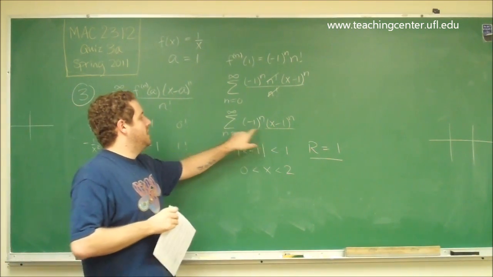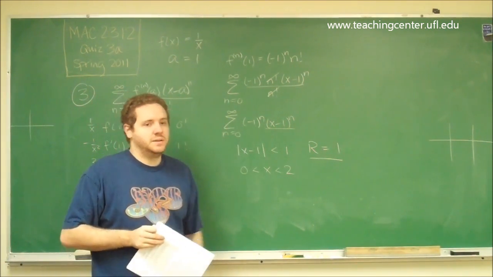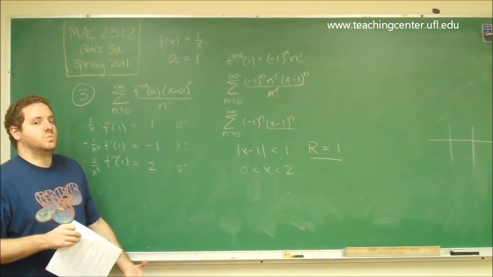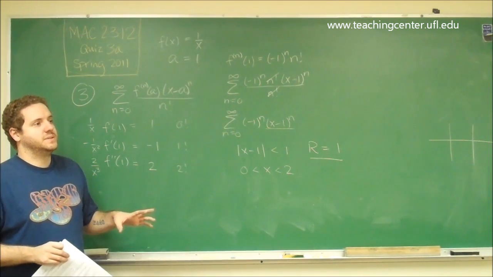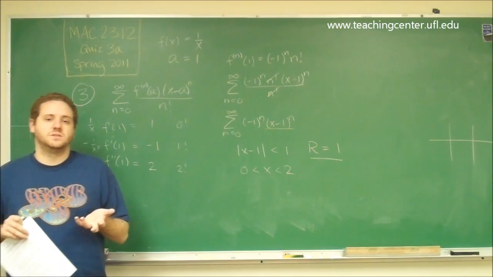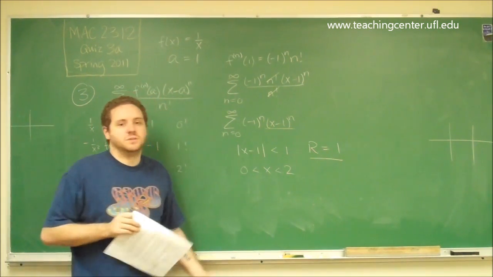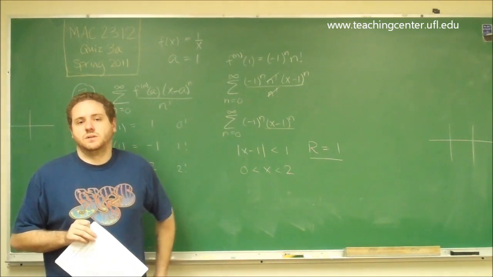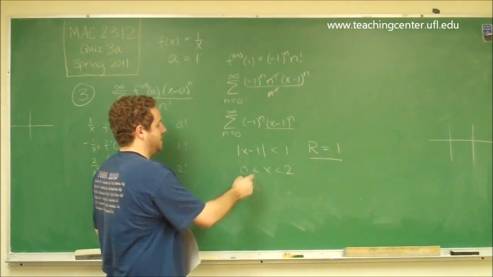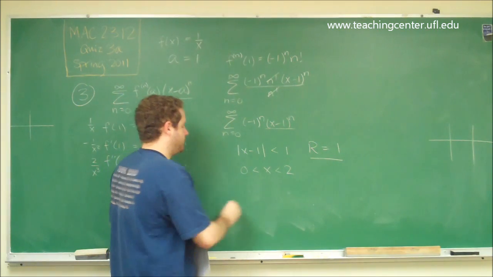If you plug in 0, you get negative 1 to the n times negative 1 to the n. Okay, so that is just 1, because they always cancel each other out to be 1. The sum of 1 is divergent, because you just have 1 added to itself infinitely many times. So 0 doesn't work.